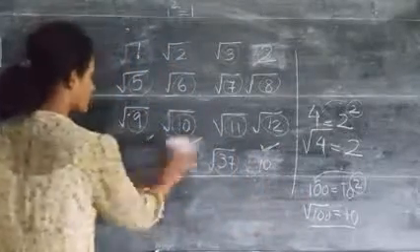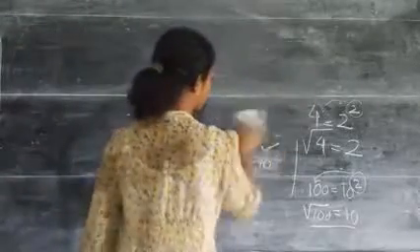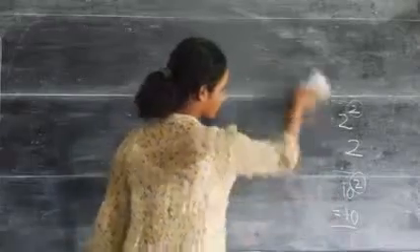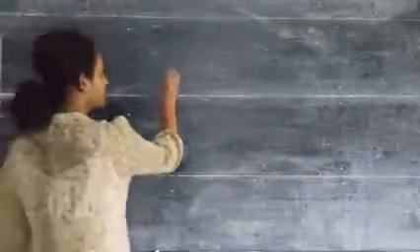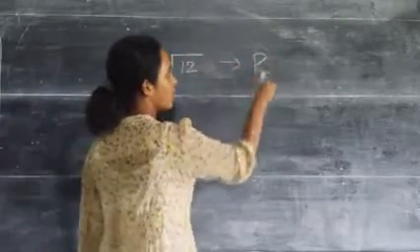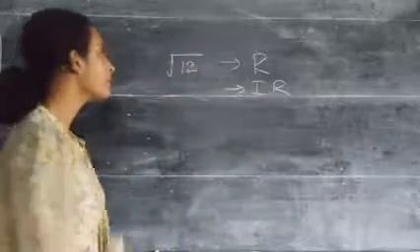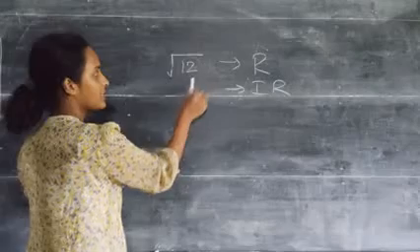So now let me show you some more examples to make it clear. Look at this, root 12. Is it a rational or an irrational number? 12, is it a perfect square?